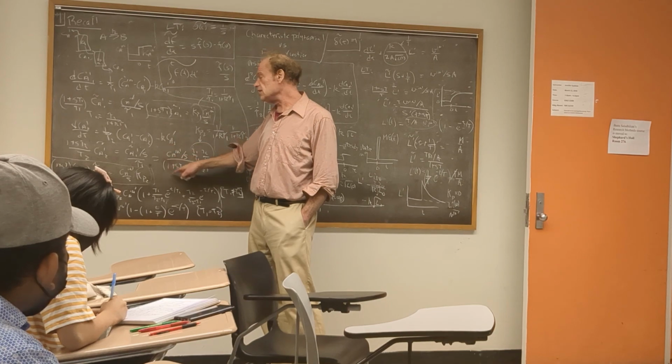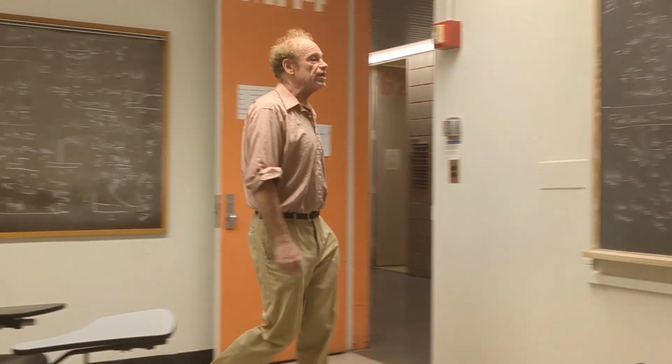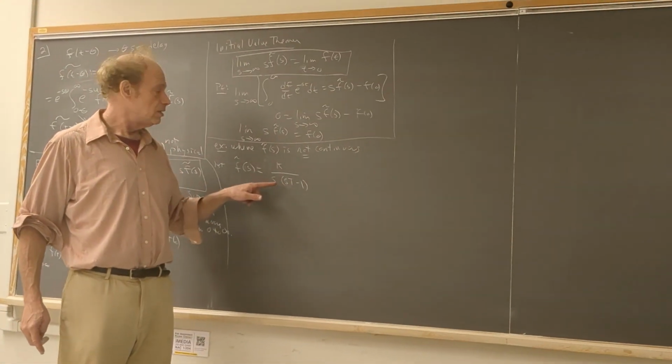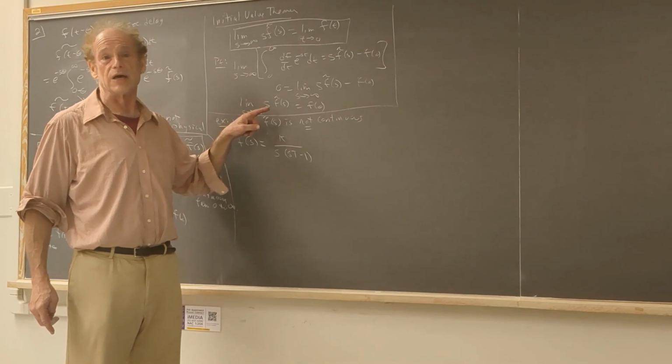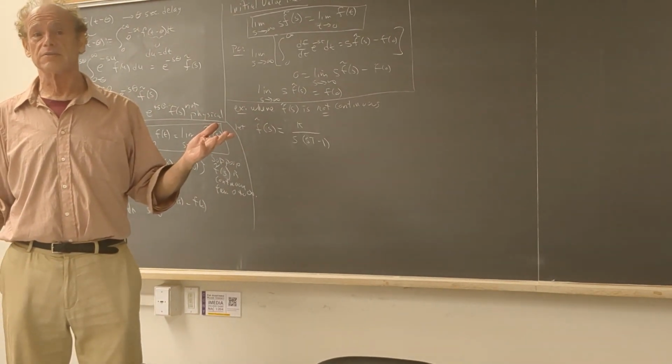I never have a 0 in the denominator here for T positive. But when I come over here, because I put a negative here, when s is 1 over T, then the denominator has a 0 in it and it blows up. If it blows up, then it's no longer continuous.